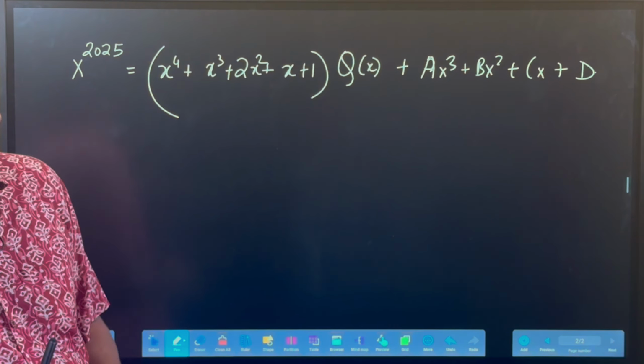I can take x squared common from here, this is x squared plus x plus 1. And I can take 1 common from here, so this is x squared plus x plus 1. So we have x squared plus 1 and x squared plus x plus 1. So we have factorized this thing.